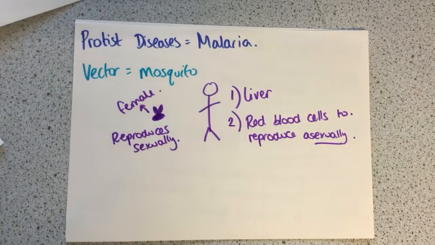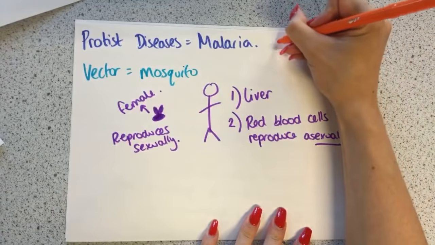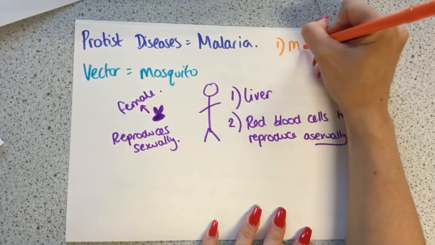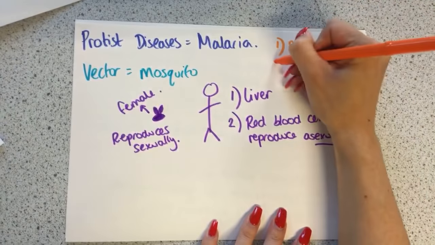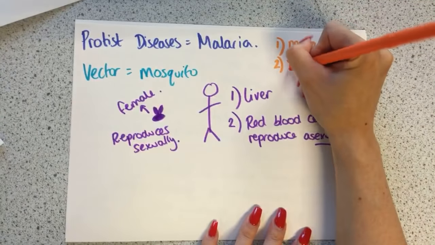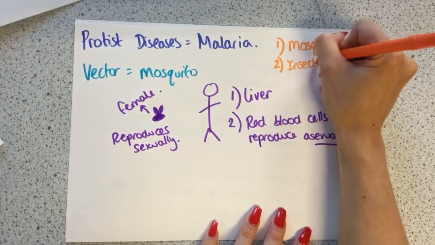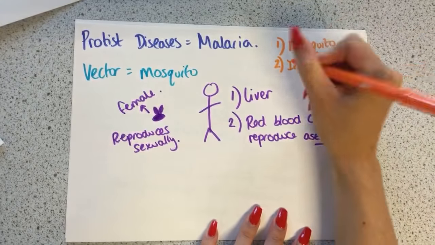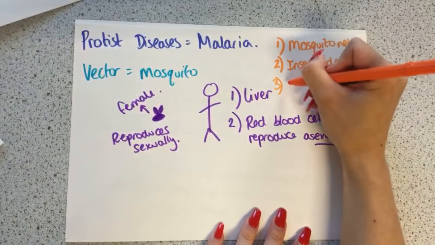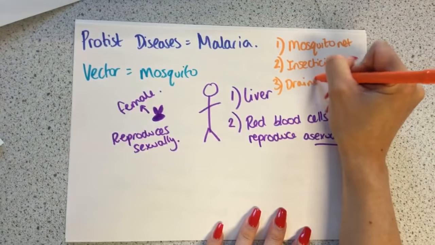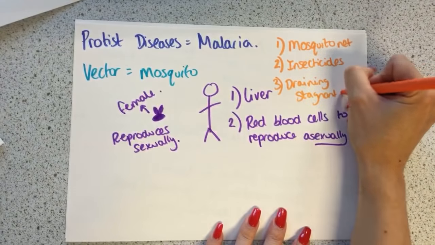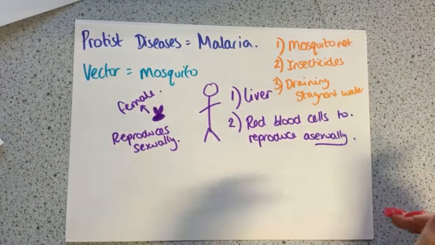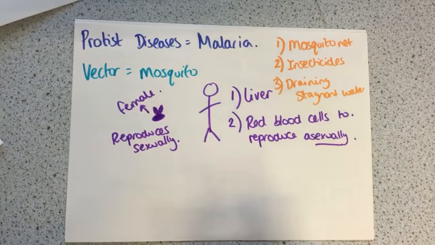Some prevention methods then, so obviously to try stop from getting malaria, you would use firstly a mosquito net. You could then spray insecticides which will kill the mosquitoes. Or you could talk about draining pools of stagnant water, so that the mosquitoes haven't got anywhere to reproduce.